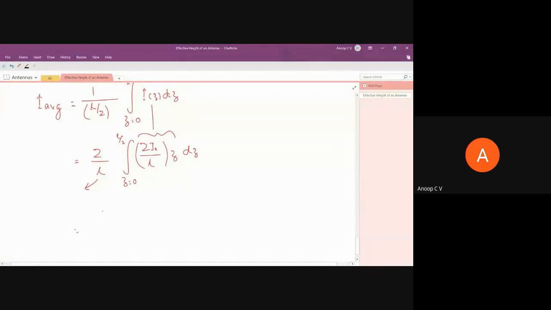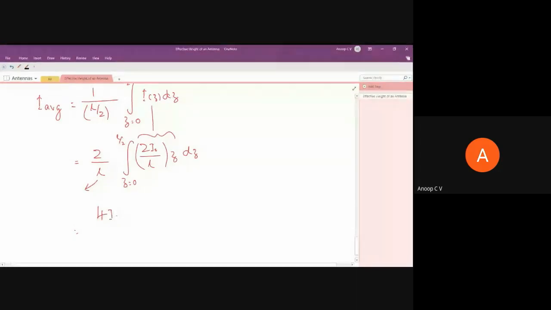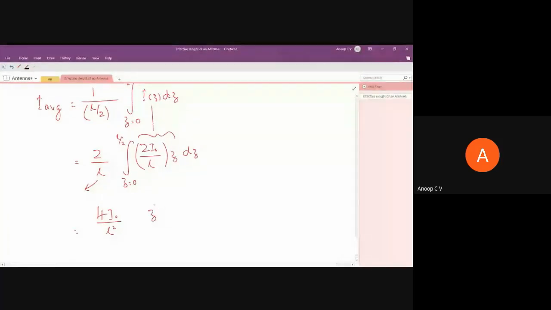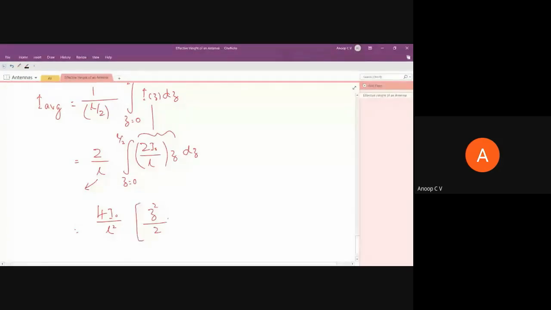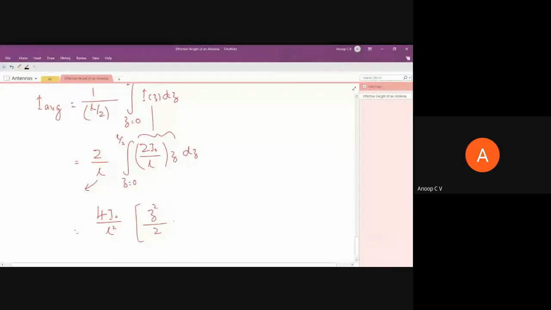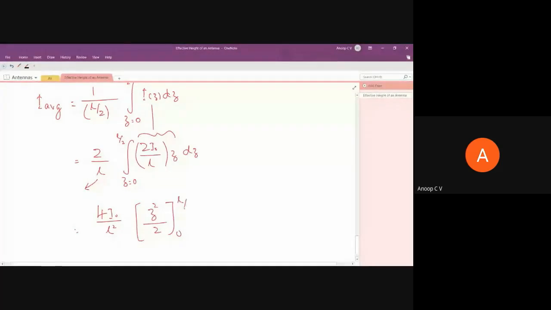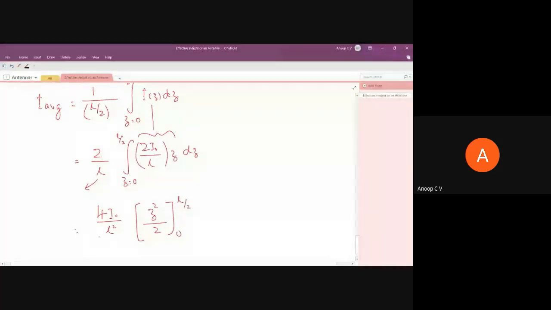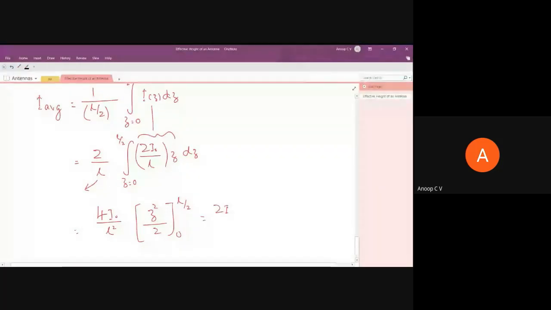If I take it out, it will be 4 I naught by L square, integral z dz, which is z square by 2, with the limit from 0 to L by 2. I can take the 2 outside, so it is 2 I naught by L square.